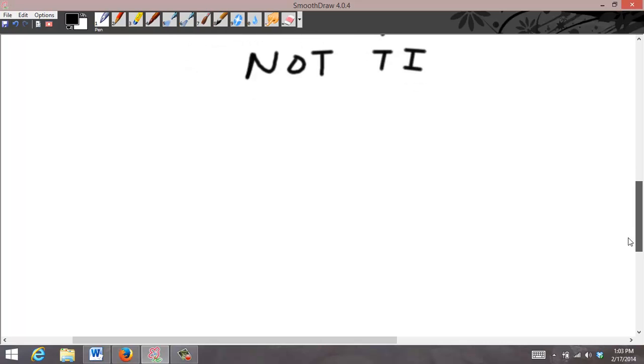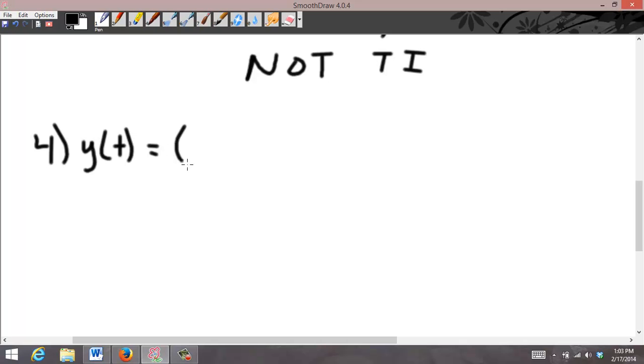So now let's look at an example where the system is time invariant. Our fourth example is y of t equals x of t squared.